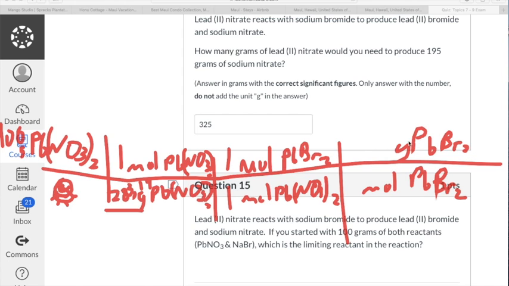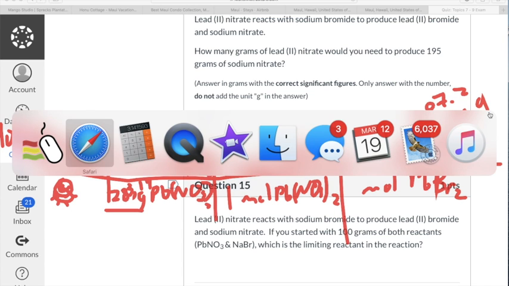So that's the last thing we got to figure out before I do our final calculation. So lead, I remember that's 207.2. Bromine's around 79, I think. I can't remember. Look it up again. 79.9. So that's 79.9. And then I can grab up my calculator to figure that out.